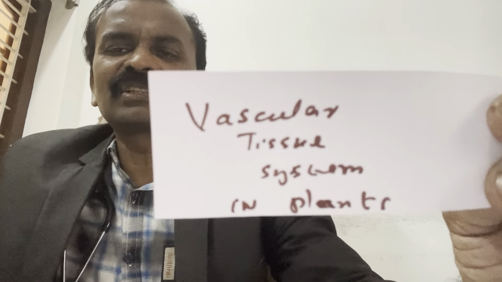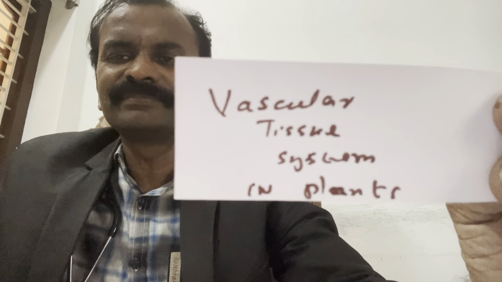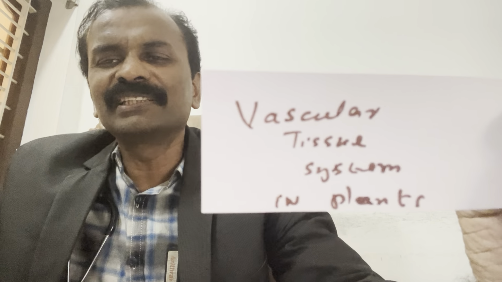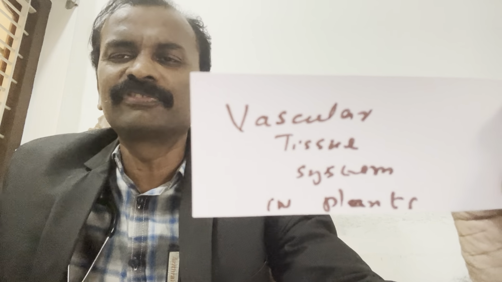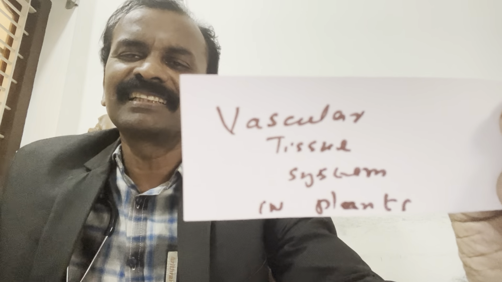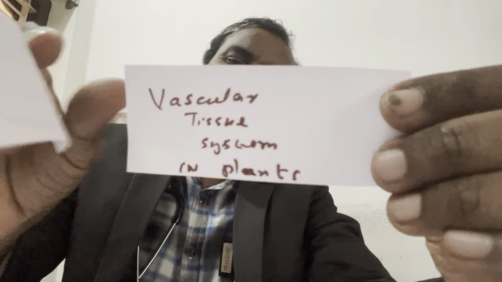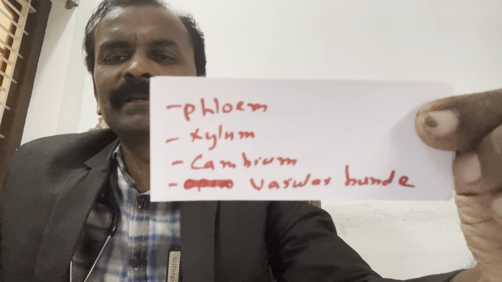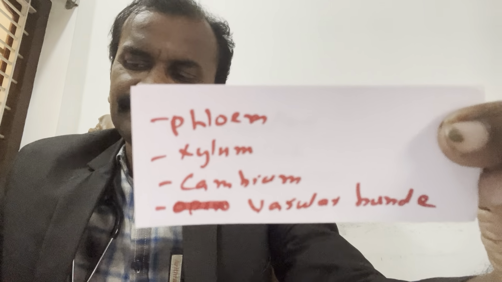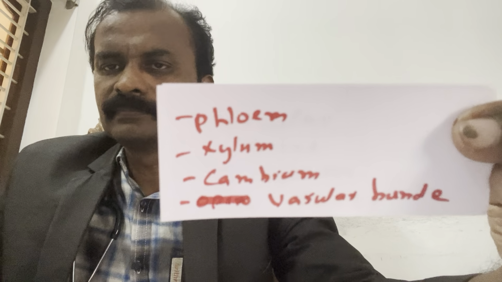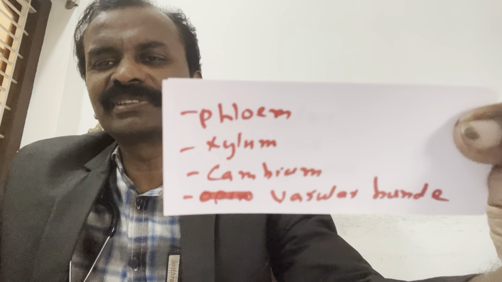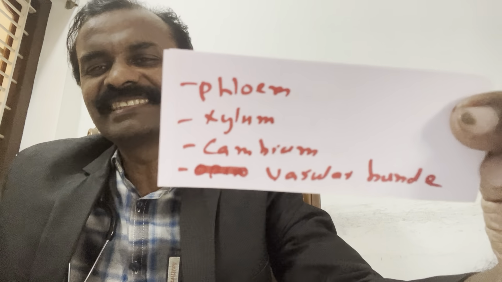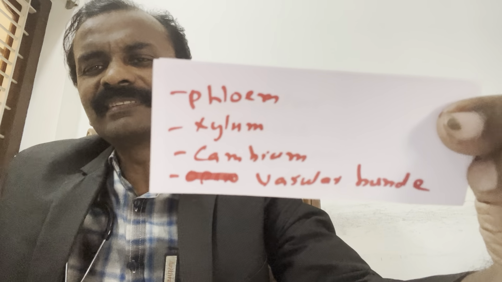Tell me all the vascular tissue system in plant. If you know this, you can answer so many tough MCQs. Vascular tissue of plant, any idea? Phloem, xylem, cambium and vascular bundles. So what is the question? Everybody knows the answer.